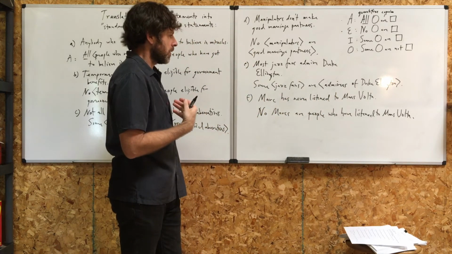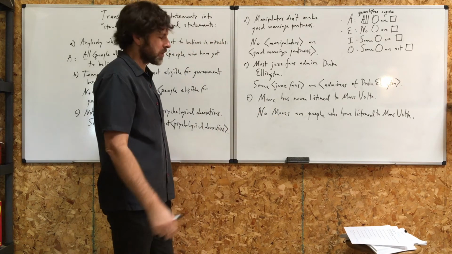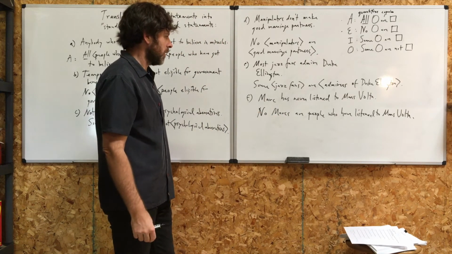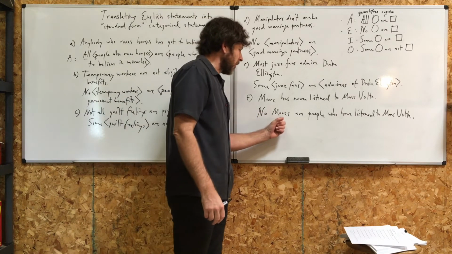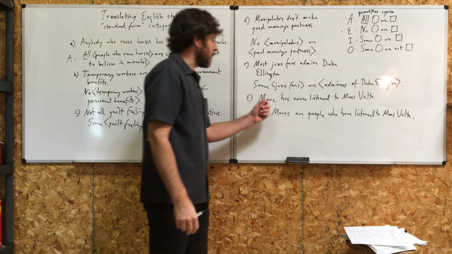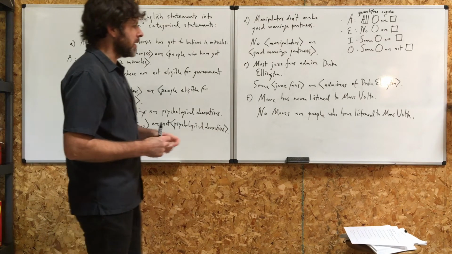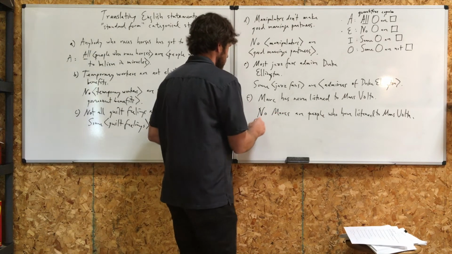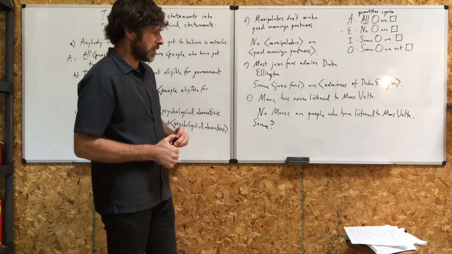It says me. It doesn't say anyone who's named Mark. I mean, how many Marks are out there? Not a huge number. But we're not talking about all the people named Mark. We're talking just about me. So this one's a little bit tricky. Does it mean some Marks? At least one Mark is a person who has listened to Mars Volta?